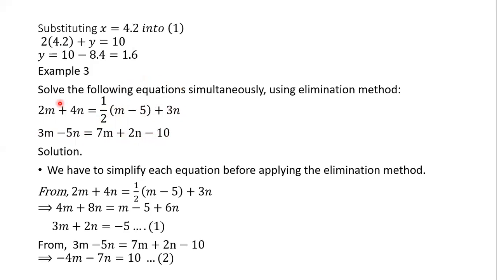Before we apply any method to solve them simultaneously, we have to simplify them. So let's simplify the first and second. In the first equation, we have fractions and brackets. We can multiply by the LCM and then expand, or expand and then multiply by the LCM, because we have both fraction and bracket.